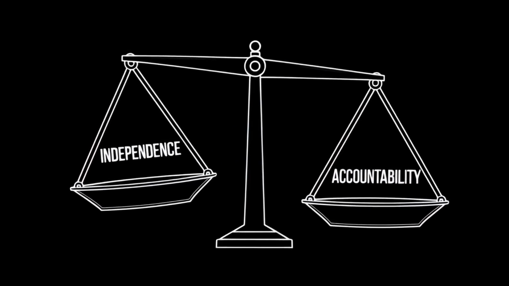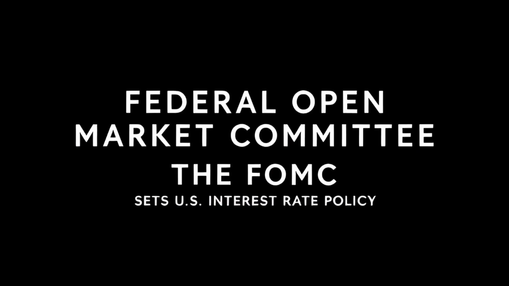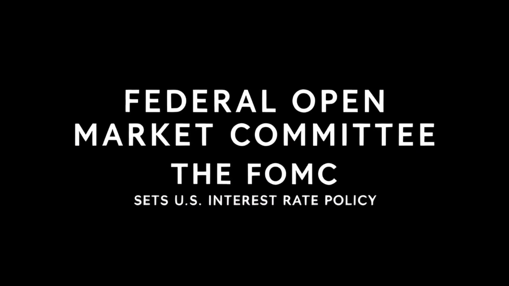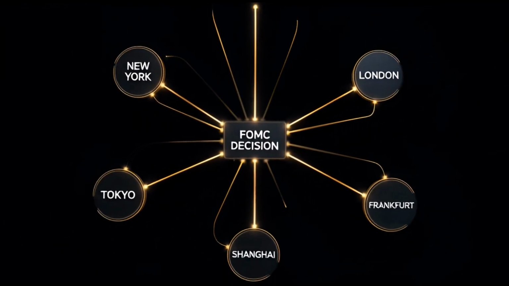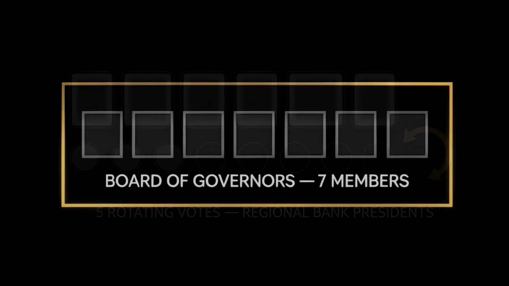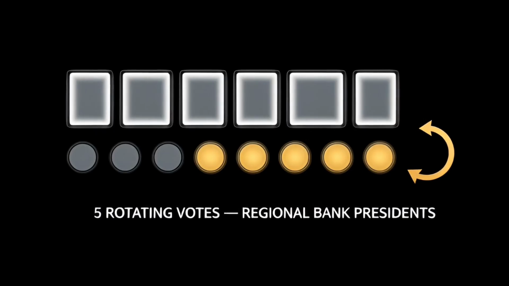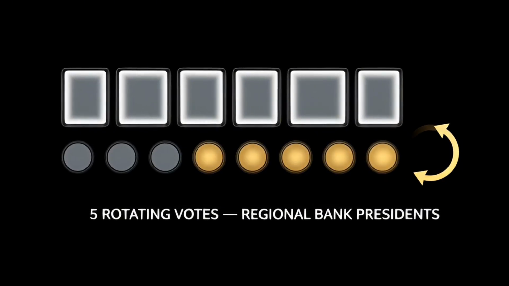The Federal Open Market Committee, the FOMC, is the body that sets interest rate policy in the United States. It meets 8 times per year. Its decisions move financial markets globally. Its membership consists of the 7 Board of Governors, the public appointees, and 5 of the 12 regional Federal Reserve Bank presidents who rotate through voting membership.